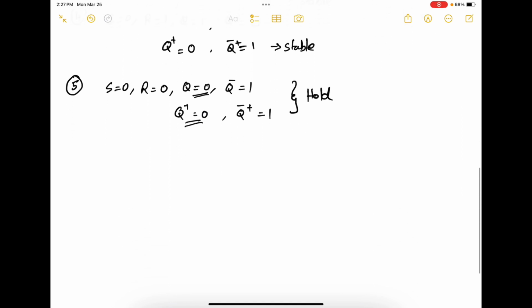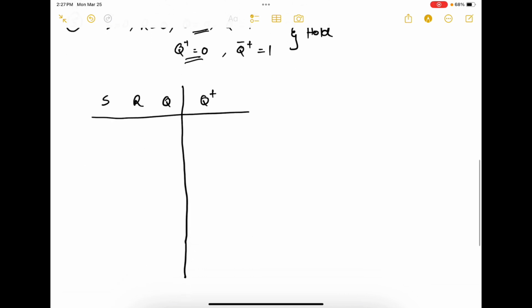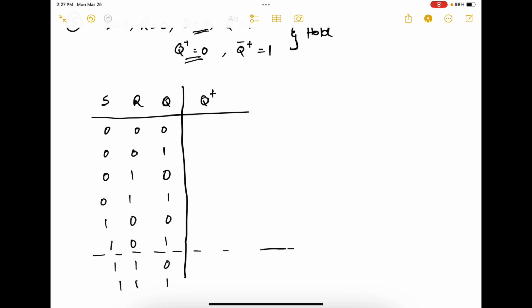Now using this logic, I can construct a truth table. So I have S, R, and the current value in memory, or that is q, and I have q plus. You have 8 combinations. Let's look at the first 6 combinations.